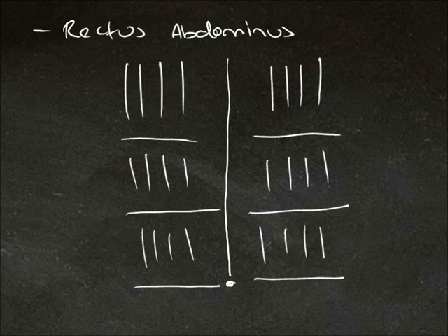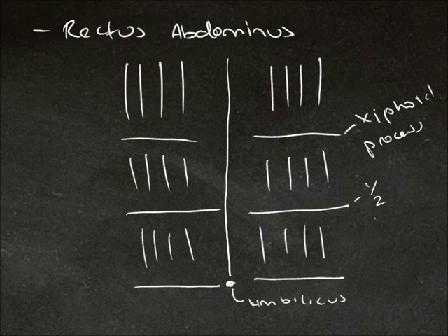And these are at the level of the umbilicus, at the level of the xiphoid process, and halfway between the two.